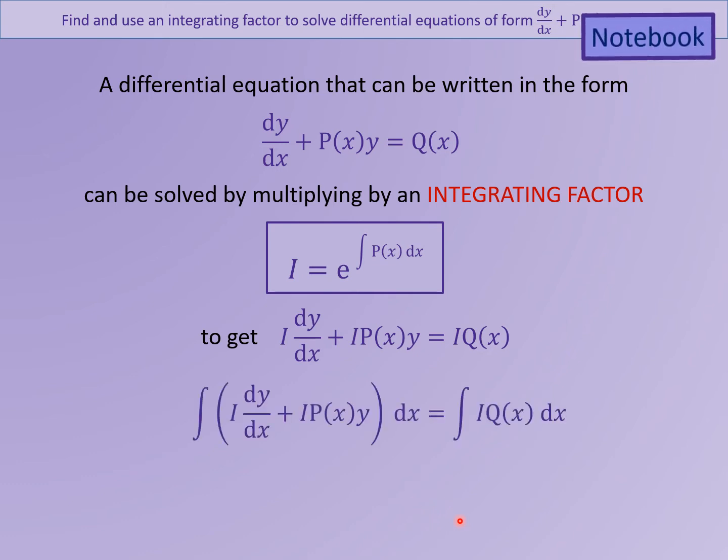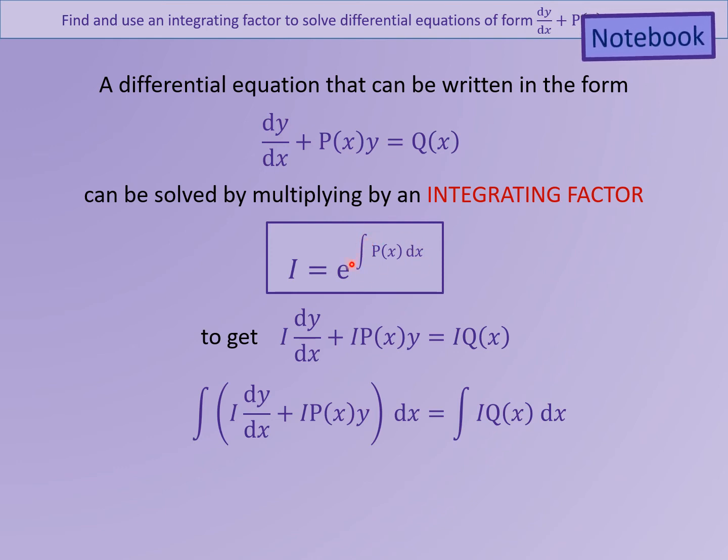The reason why that's worked is, if you look at, let's say, this function just here, because you're using the chain rule, this is your integrating factor, whatever this is. If I differentiate that, I'd use the chain rule and differentiate the inside function.